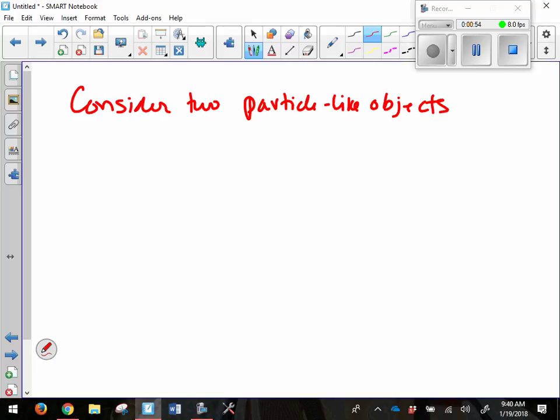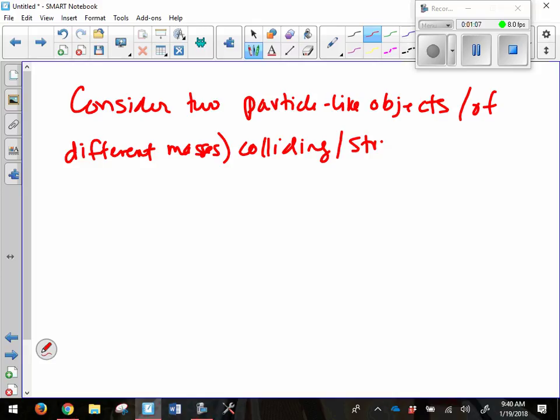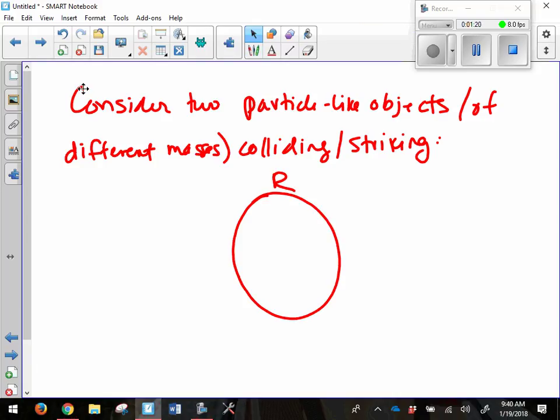It's just, think of them as marbles of different masses, colliding or striking. So I'm going to have my object on the right, and I'm going to have my object on the left.